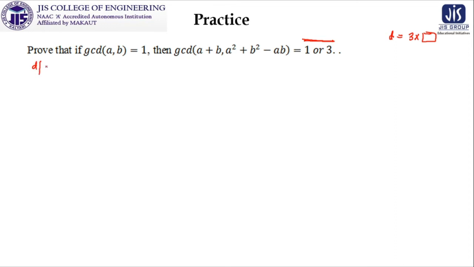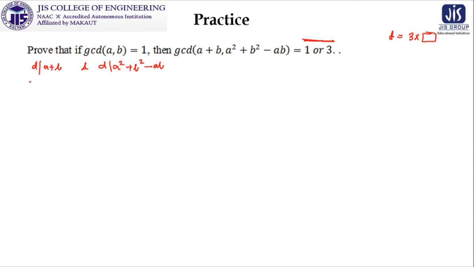D divides a plus b, as we are assuming that the GCD will be d, and d divides a square plus b square minus ab.